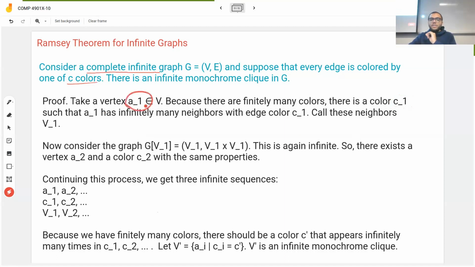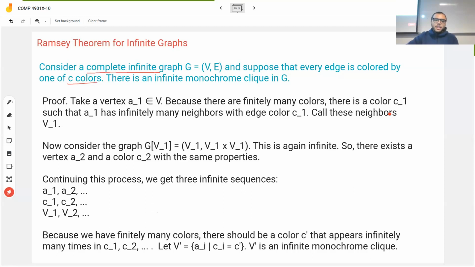So A1 was just a vertex that I arbitrarily picked, and C1 is a color that appears infinitely many times on the edges that are connected to A1. I'm going to take the other side of all of these edges, and I'm going to call that vertex set V1. So V1 is the set of all vertices that are connected to A1 with the color C1.